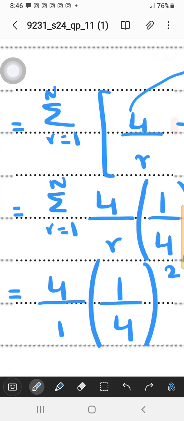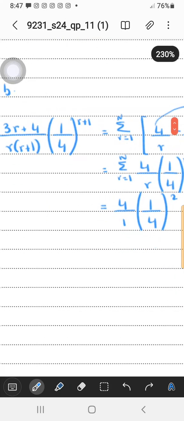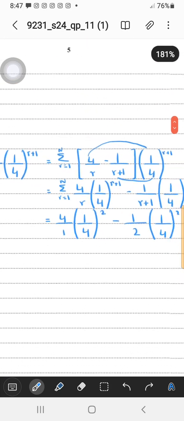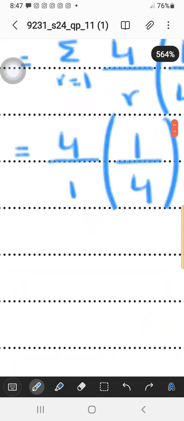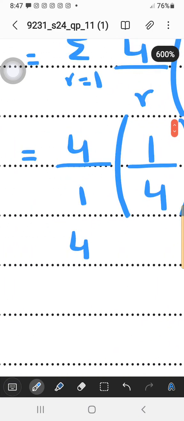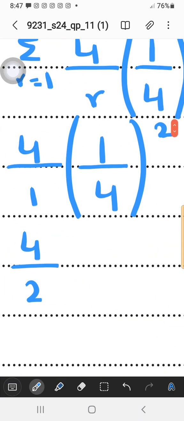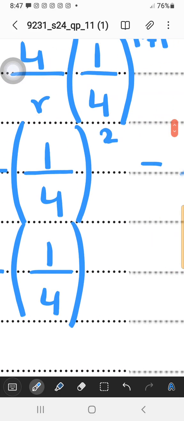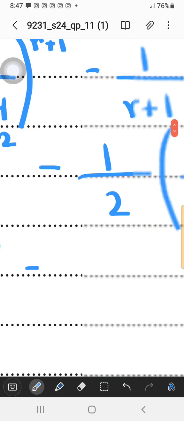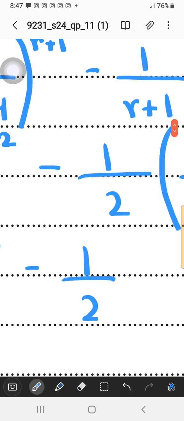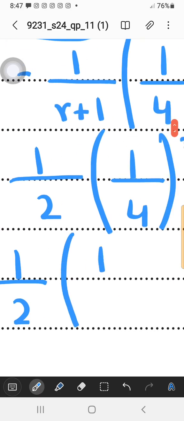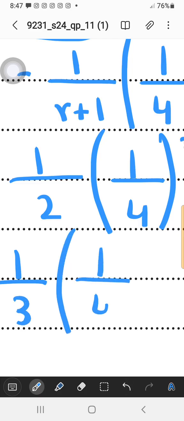Then we will take r equal to 2 and I will write 4 upon 2, 1 upon 4 times 3, minus 1 upon 3, 1 upon 4 times 3.